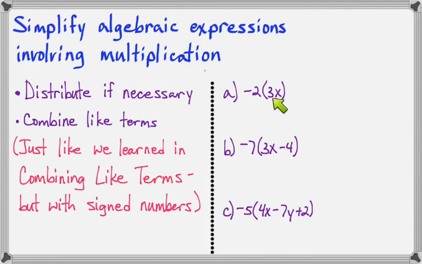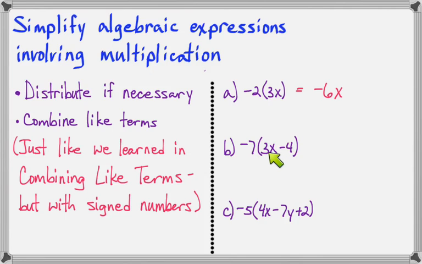Inside this parentheses, I only have one term. So when I do negative 2 times 3x, the two coefficients get multiplied together. Negative 2 times 3 is negative 6. So negative 6 times x is negative 6x. Now in part B, let's distribute this negative 7.